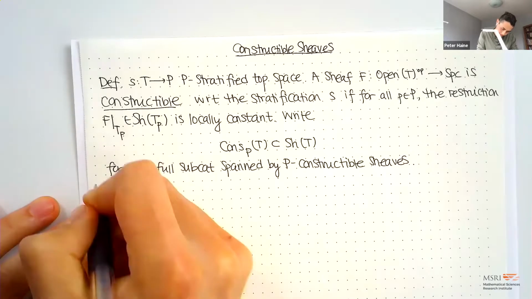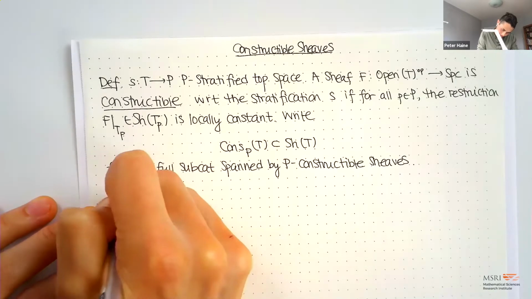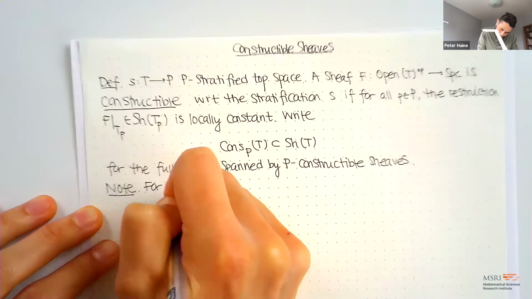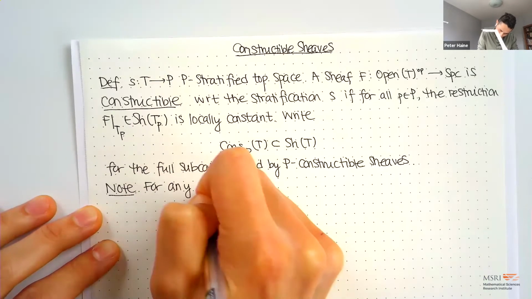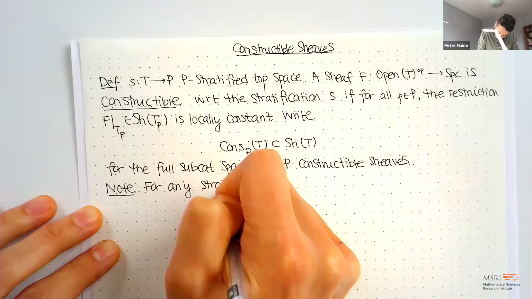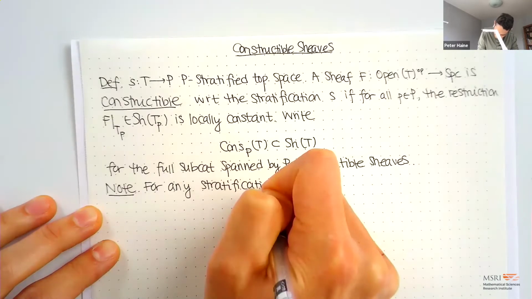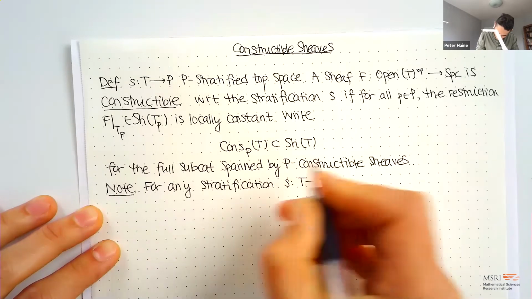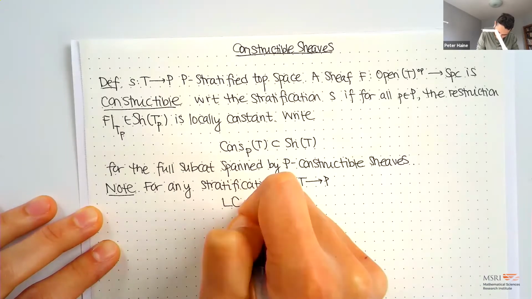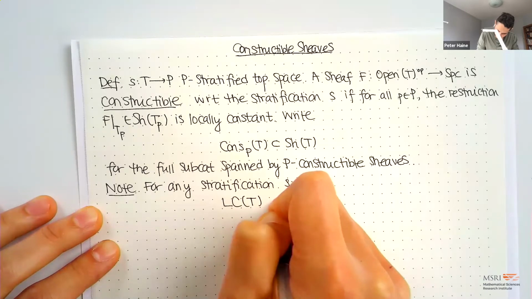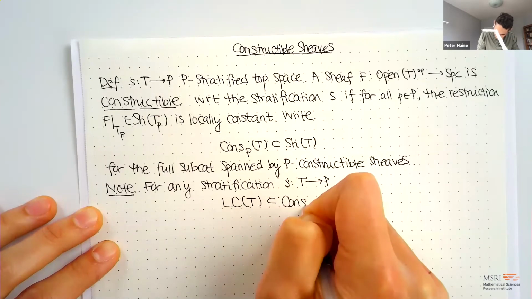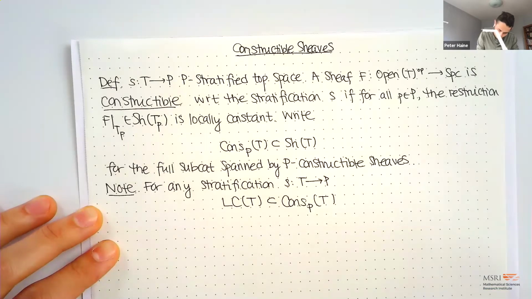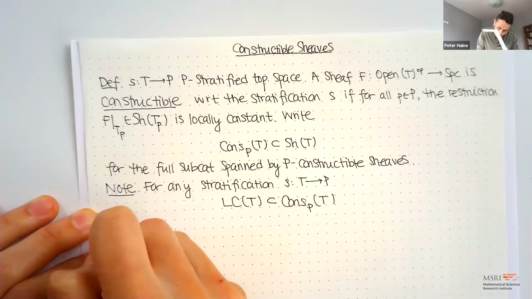The thing to note about this is that for any stratification, the locally constant sheaves are always inside of the constructible sheaves. And what are they?